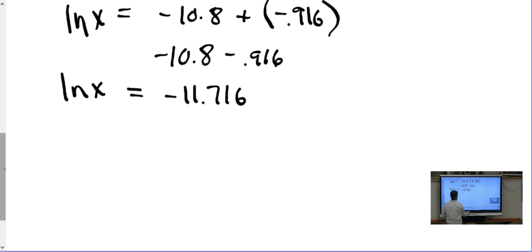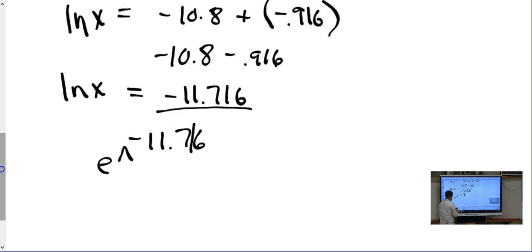I have to take the inverse of ln. On your calculator, to find the inverse of something, you just hit the second of what it is, so second ln, and it will show you that that is e raised to the value. So I just put this in, e raised to negative 11.716. And then I hit enter.